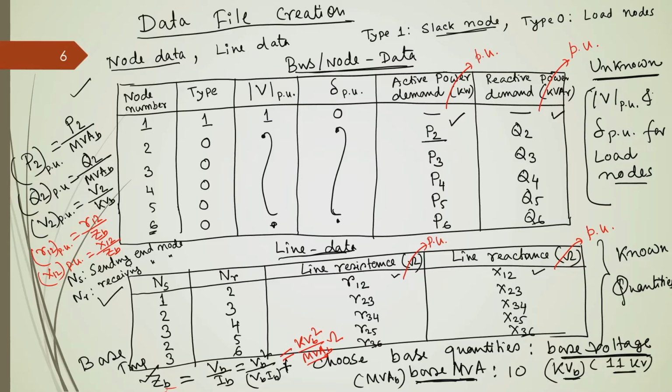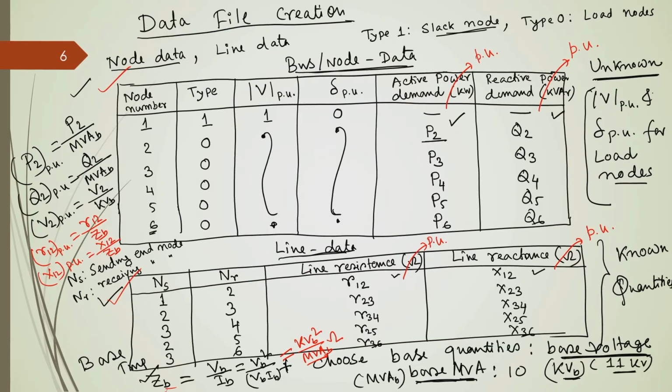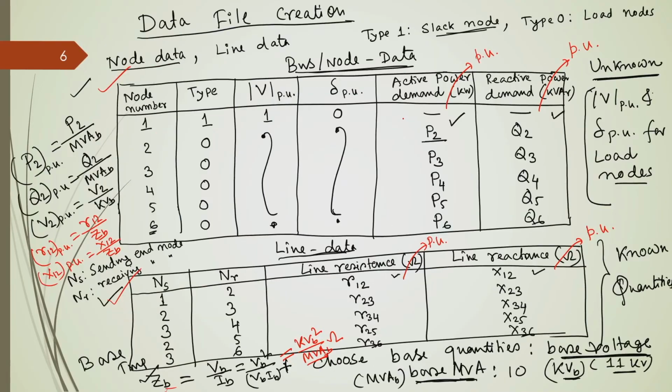So, this is the simple step one needs to understand. When you prepare these two files, you need not remember the network structure every time. Rather, these two data files will provide you all information related to your network topology, related to your network load demand, related to whatever you want about this network. In fact, this topology you can trace out from the information of the sending end and receiving end node.